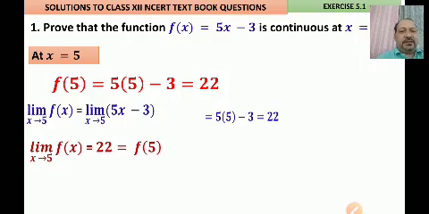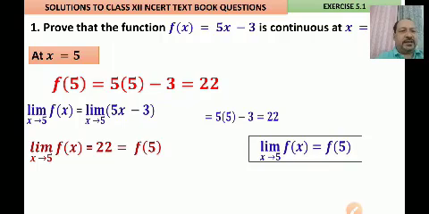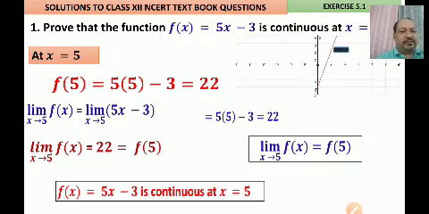So the limit value of the function is equal to the functional value of this function and both are equal to 22. So we can say that the function 5x minus 3 is continuous at x equal to 5.